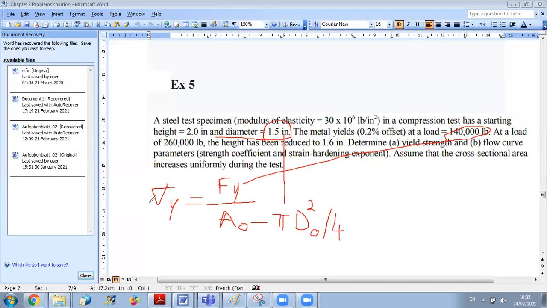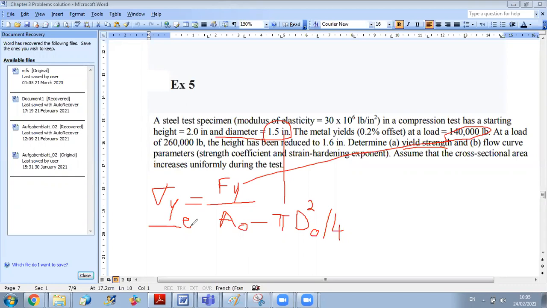And now we can calculate the value of sigma yield. Here, this is the engineering value. When they talk about yield strength, this is based on the engineering value. But we will see after that we need the true value at yield, the true stress value, because we will use it to calculate the strength coefficient and strain hardening exponent. So this is for the first question.